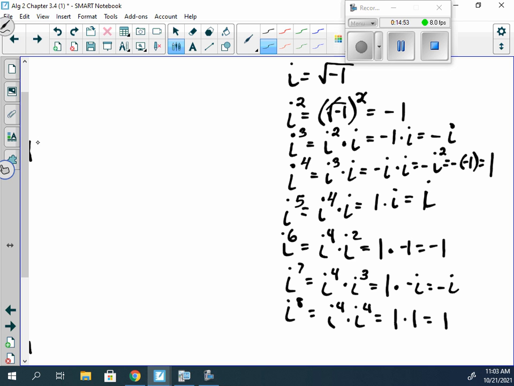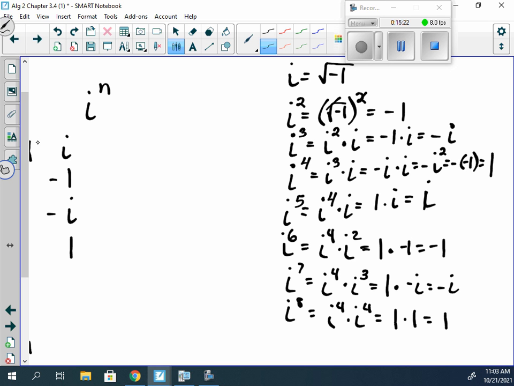So the next one would be i, would follow -1, then negative i, then 1. And it repeats in this cycle so that really, for i to any power of n, we're either going to have i, -1, -i, or 1. For any power of i, it's going to simplify down to one of these four.